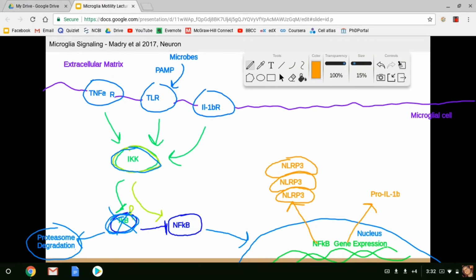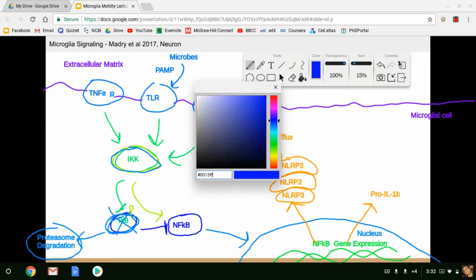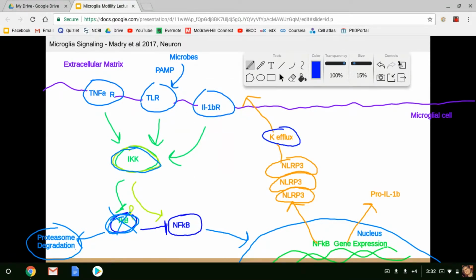So some of the things that activate the oligomerization of the inflammasome subunit NLRP3 includes potassium efflux, the movement of potassium out of the cell. So potassium in some way prevents the oligomerization of the NLRP3 inflammasome. And potassium is ejected out of the cell through these P2Y receptors.